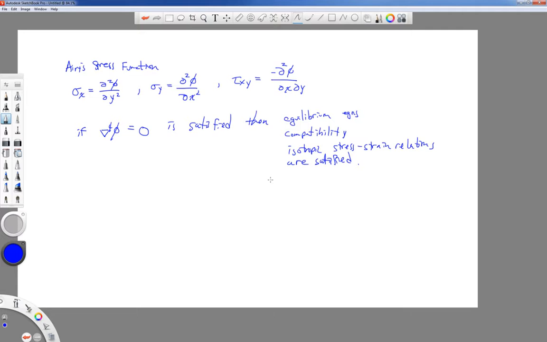And this is for 2D elasticity problems only. There is no three-dimensional analog for Airy's stress function.